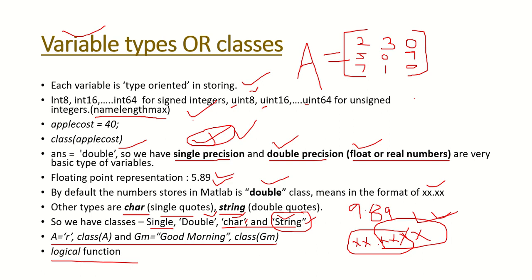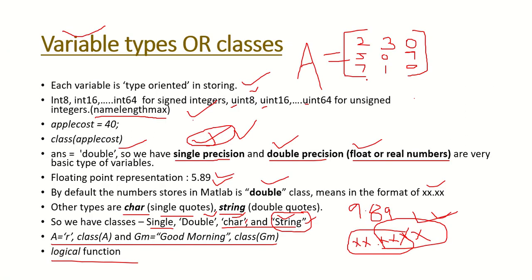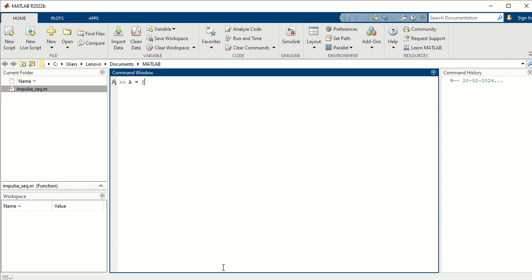Okay. So matrix A. Because it is a matrix I am defining it with a capital A and an open bracket. So what is the first row value? It is 2 3 0, 2 space 3 space 0.